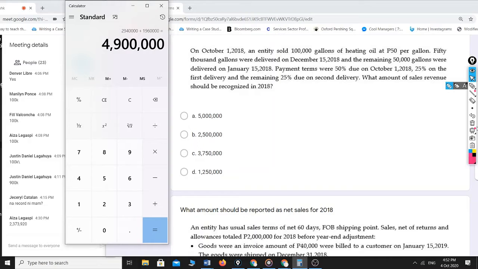So, 50,000 times 50 pesos is just 2.5 million. Okay? So, that is the answer for this item.